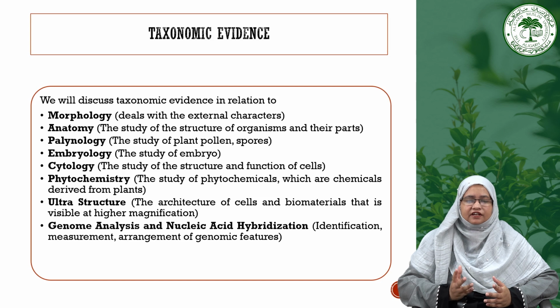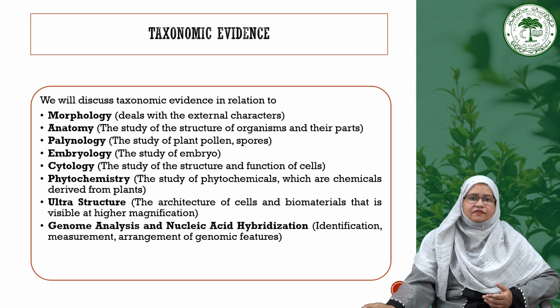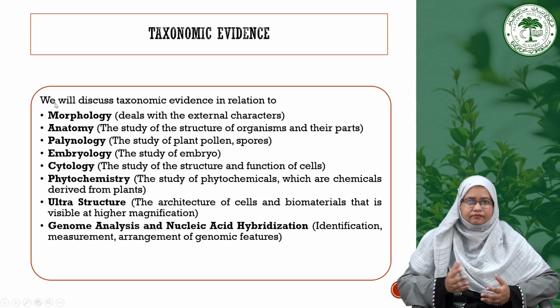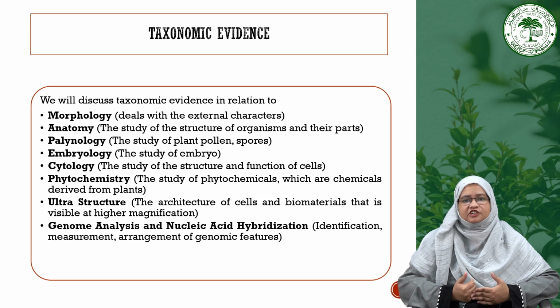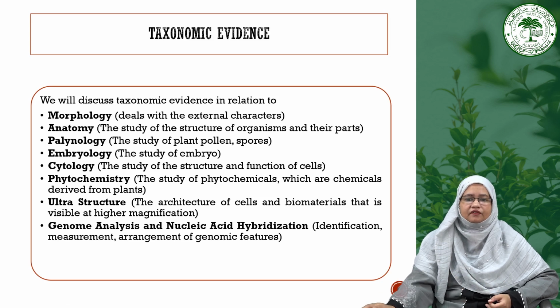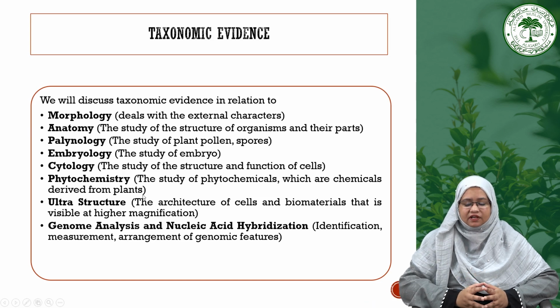So these evidences are very important. Morphology we will study in every family, but these are the other evidences: if the position of a particular species of plant is not clear with morphology, then these evidences help to identify the correct position of particular plants.